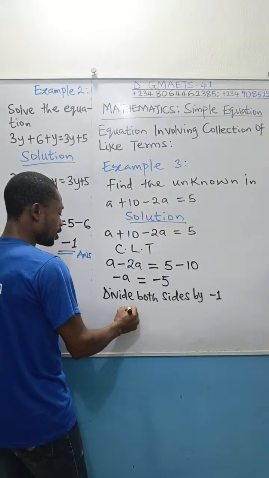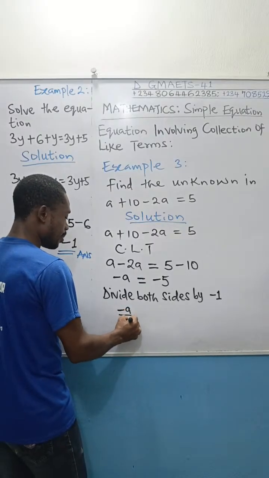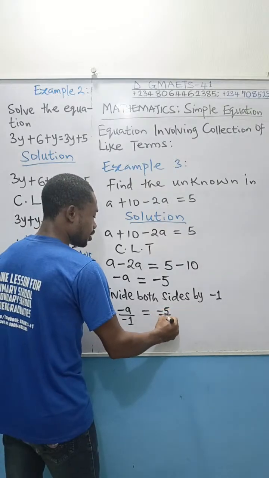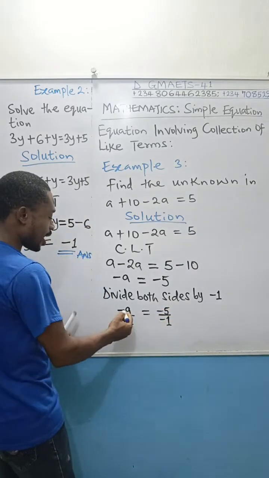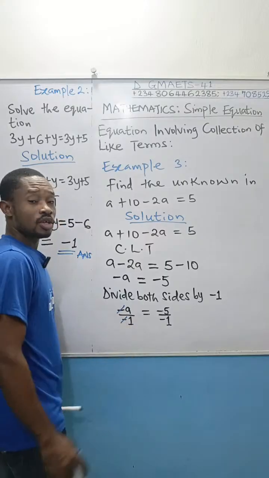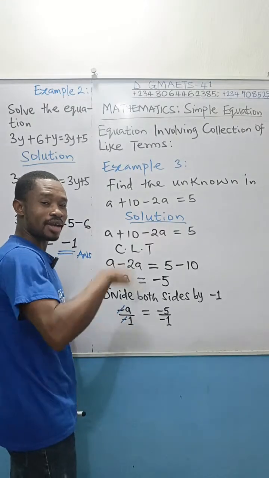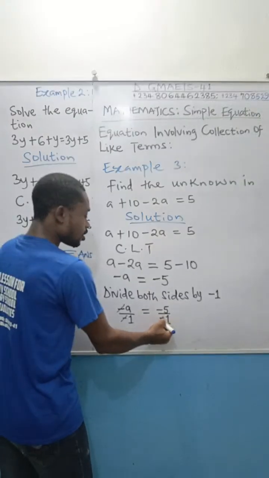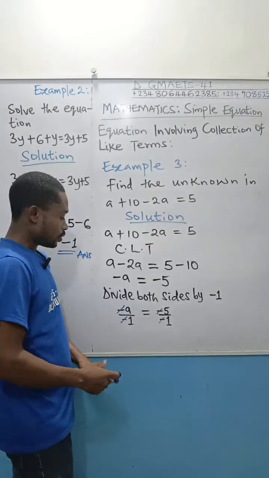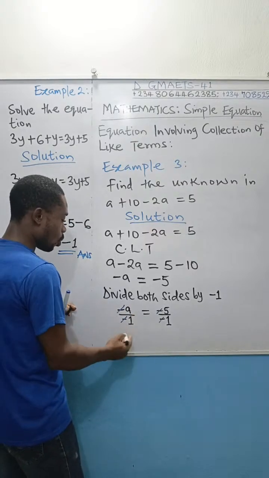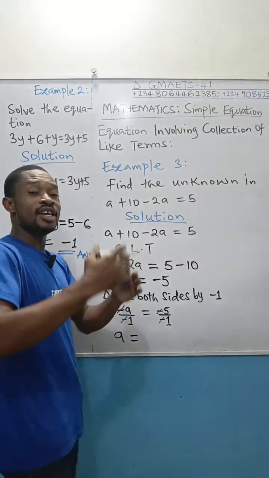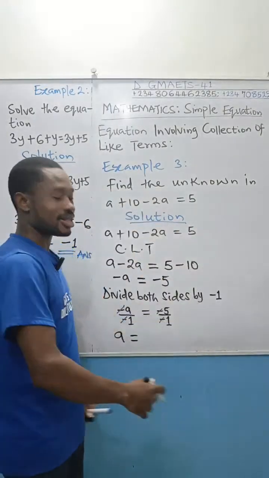So this will become minus a divided by minus 1 equal to minus 5 divided by minus 1. Now, this minus, we cancel this minus to give you positive. Once minus divide minus, you get plus. The minus disappears. This minus will cancel this minus also. So here you have a over 1, which is a, equal to 5 over 1. A number divided by 1 is that number.